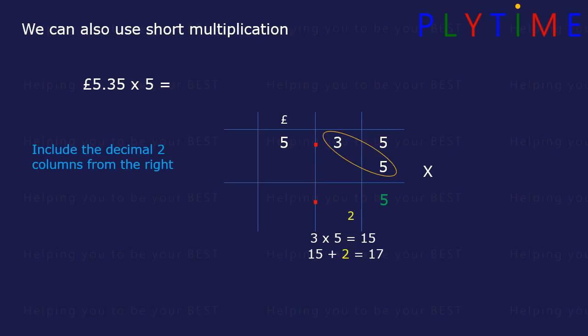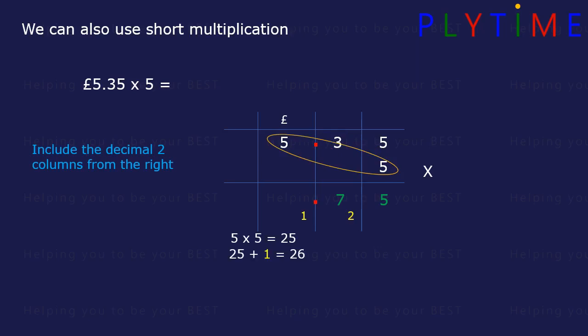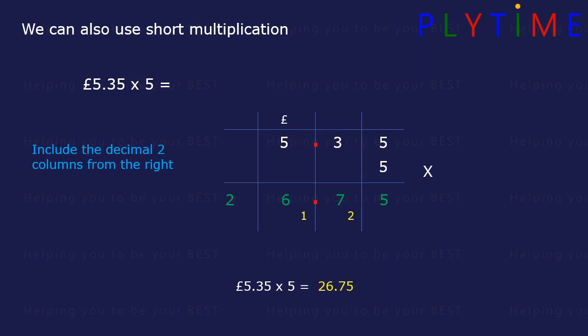Add the 2 carried forward is 17. Carry the 1 forward. 5 times 5 is 25, plus the 1 carried forward is 26. So £5.35 times 5 is £26.75. Don't forget the units.